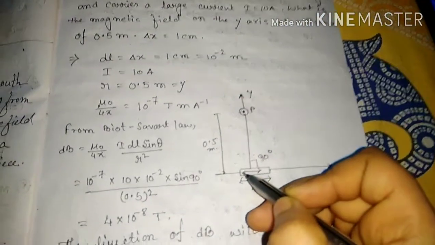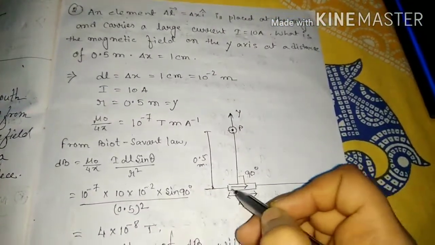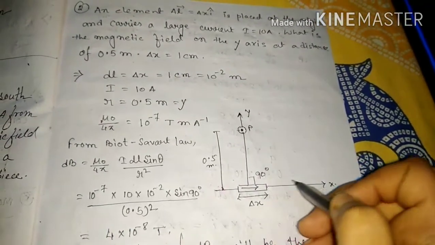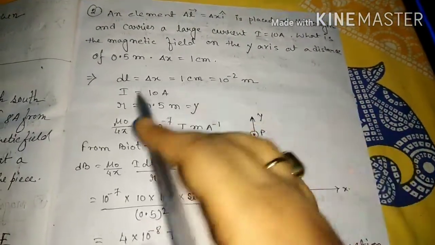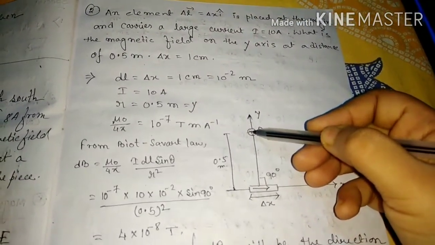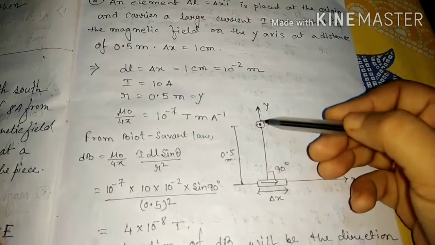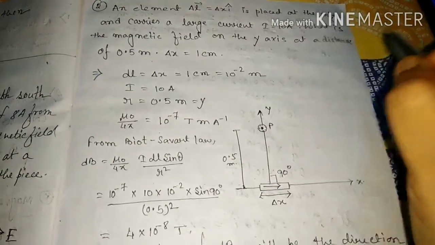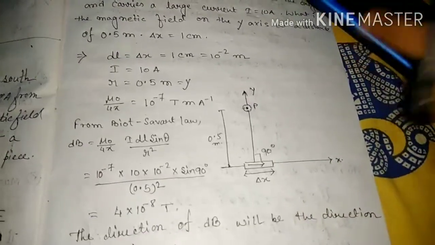This is delta x, the small current element, delta L, delta x i hat means positive x direction. It carries 10 ampere, so I equals 10 ampere. At a distance r of 0.5 meter, at a point P, we find the value of the magnetic field.